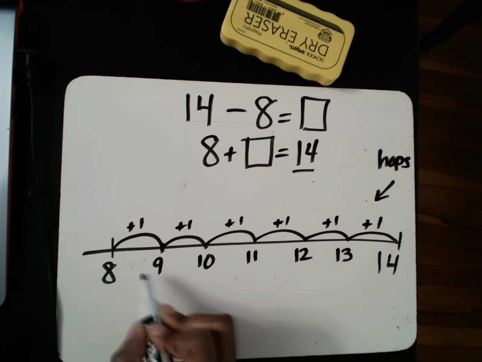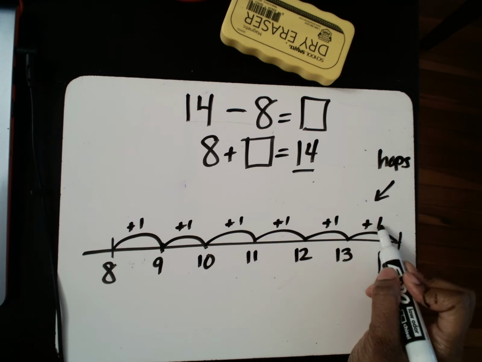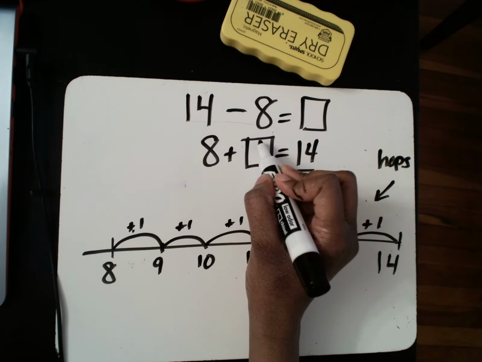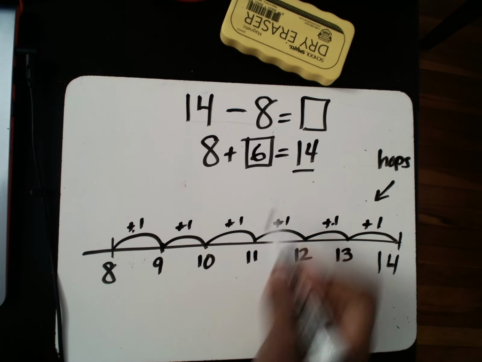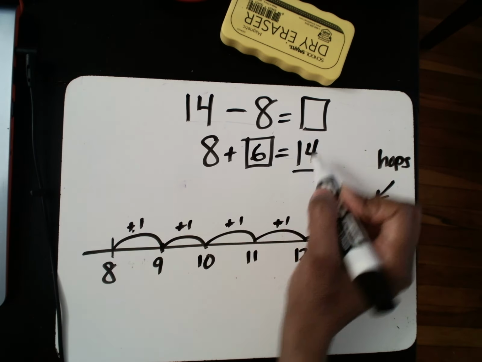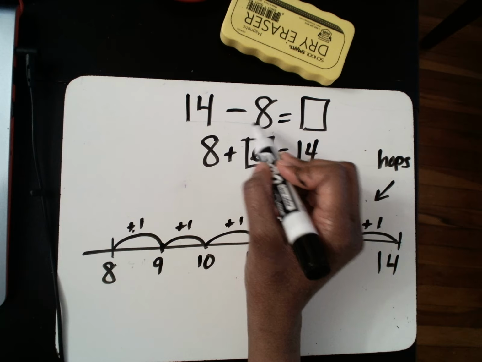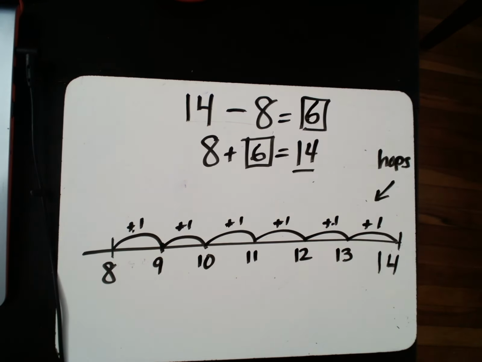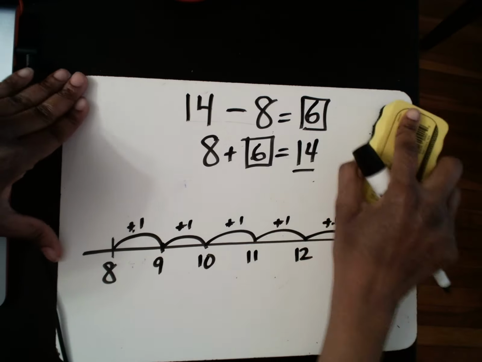Not the numbers on my number line, the hops. 1, 2, 3, 4, 5, 6, just like when I solved it on my fingers. 8 plus 6 equals 14. 14 minus 8 equals 6. This idea that I can count up can help me with trickier subtraction problems.